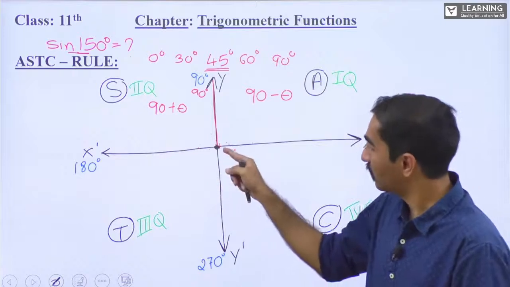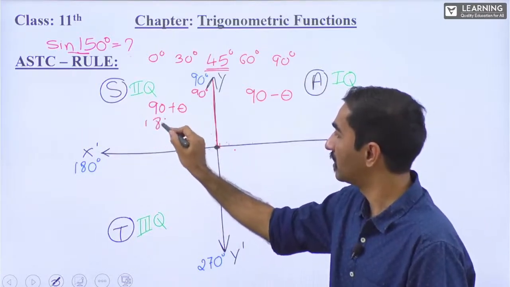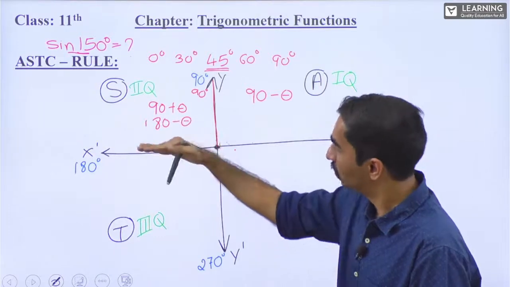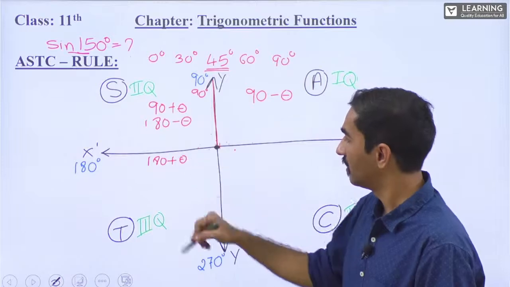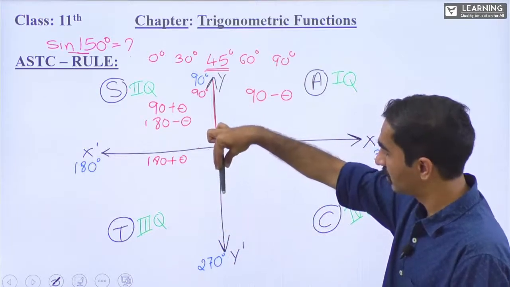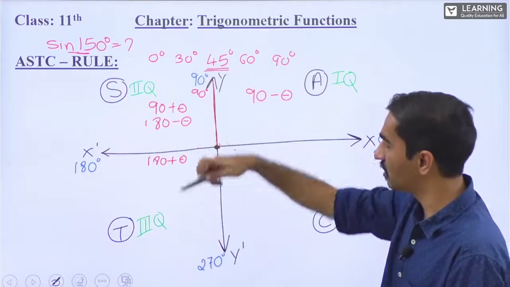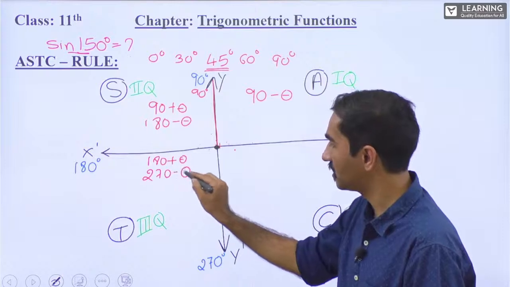Understanding? Next we are taking 180 as reference. If you go above, it will be 180 minus theta. If you go below, students, it will be 180 plus theta. Taking 270 as reference, go that side, it will be lesser than 270, right? So that will be 270 minus theta.